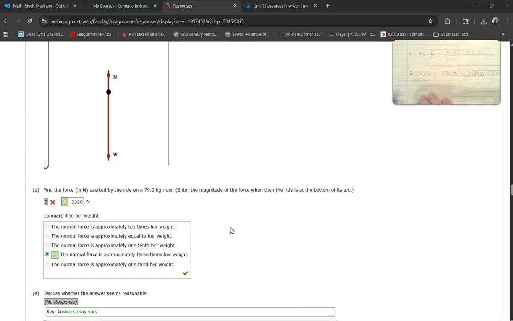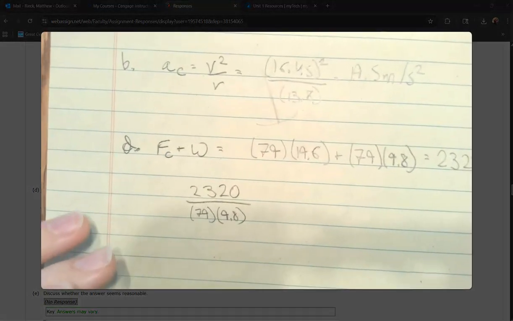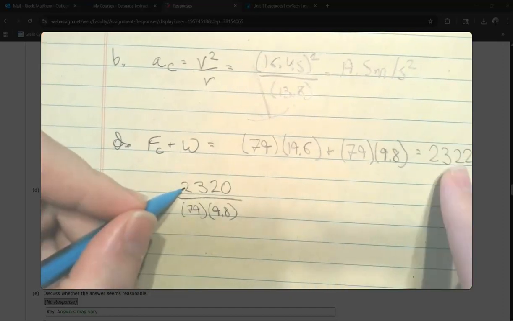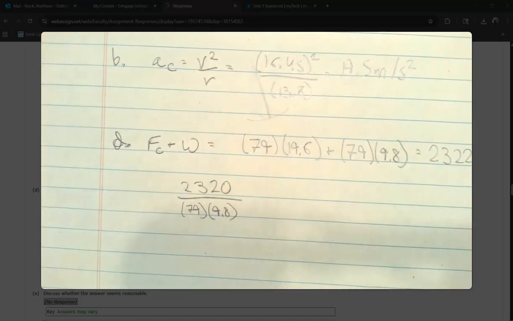All right. So then we're asked to compare it to their weights. In this case, we just need to take the normal force here and divide it by their weight. So you have 2320 divided by 79 times 9.8. So we have the normal force divided by the force of gravity, so their weight.